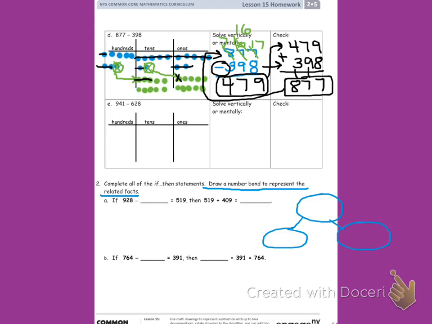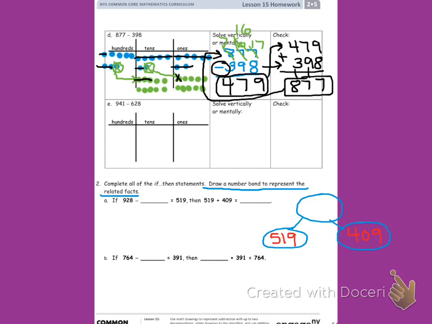I'll go ahead and look at the second part of my if-then statement. I can see that the second part says 519 plus 409. I know that when I add, the two numbers that I add together are called the parts. So this addend is one part, and this addend is the other part.